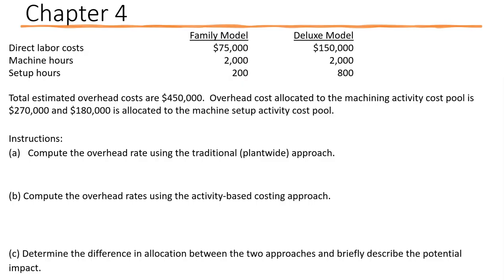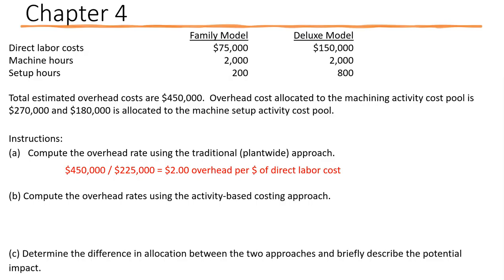So we take the total overhead, $450,000, divided by the total direct labor costs, which we get by adding the family model and the deluxe model, the $75,000 plus the $150,000. So the 450 divided by 225 is $2 of overhead per dollar of direct labor cost. So for every direct labor dollar you have $2 of overhead.